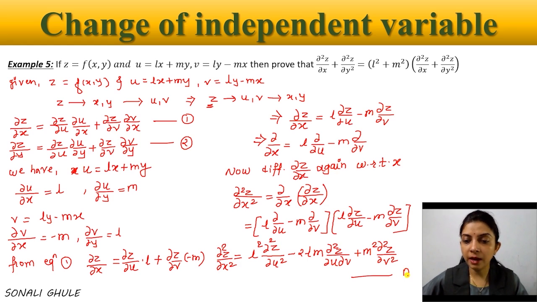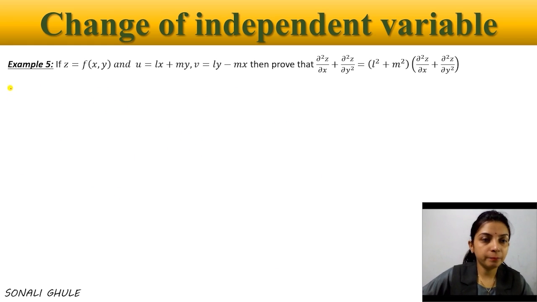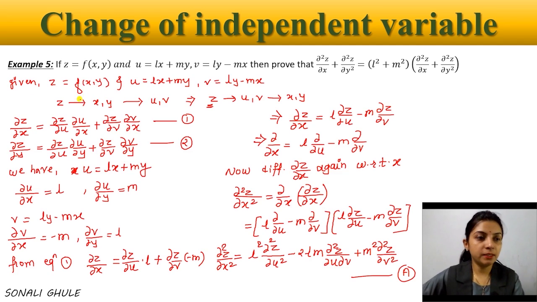Similarly, now I have to find the value for dou 2z upon dou y square. Same concept we have to use. So we have to use here now equation 2. From equation 2, dou z upon dou y is equal to, see here, it is our dou z upon dou y, right?